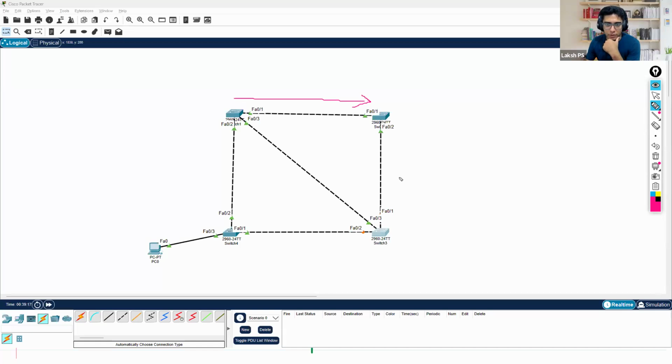Switch 2 will receive it. Switch 2 is forwarding the BPDU to switch number 3. Now, at this time, what happens? Switch 2 is the advertising switch, the switch which is advertising this BPDU. When switch 3 receives this BPDU and forwards it to switch 4, it will add its own MAC address and priority in the third and fourth point, which I mentioned over here.